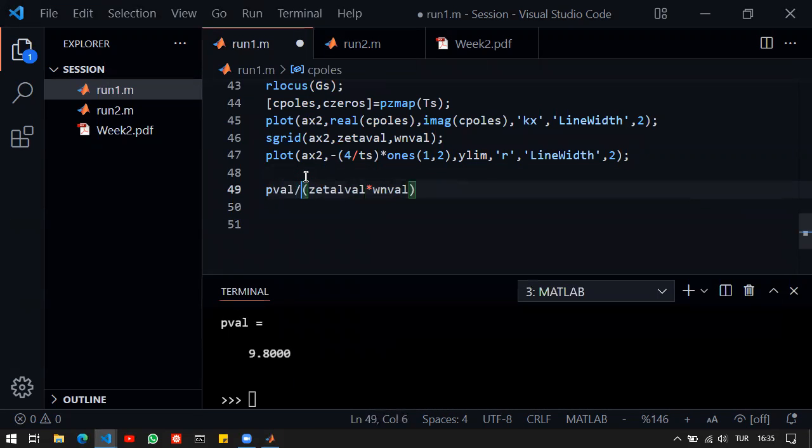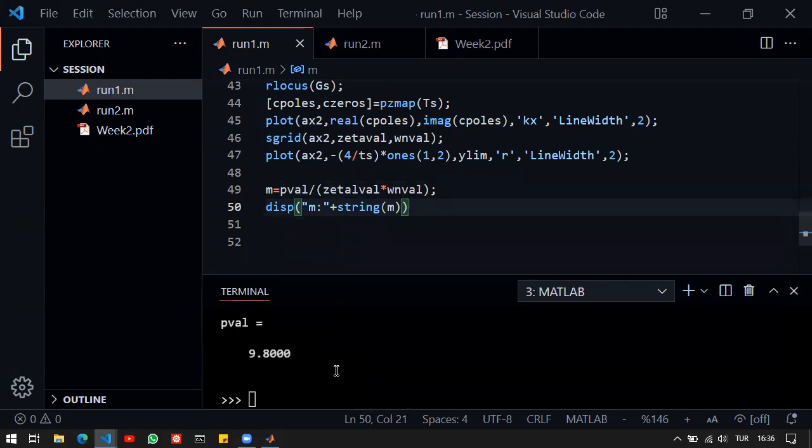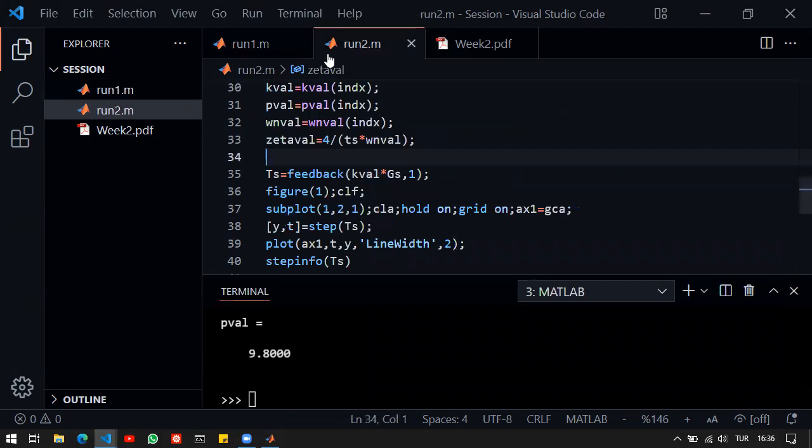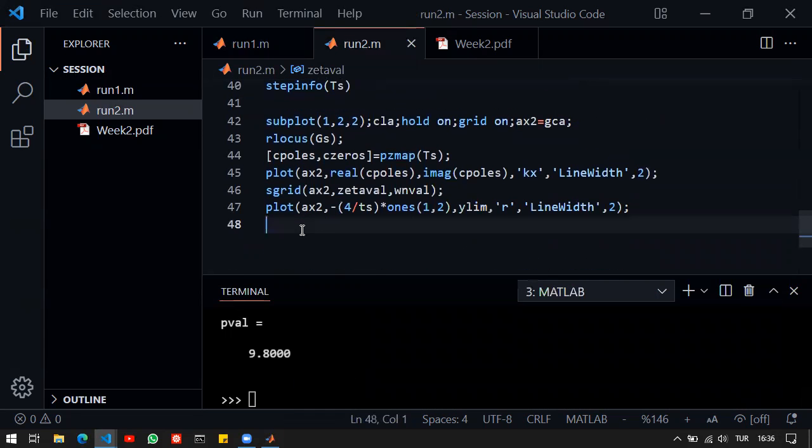So the ratio between p-val and zeta omega n multiplication should give me a rough idea about the distance between them. I can determine this. So let's display this string m, and let me copy and paste it here.